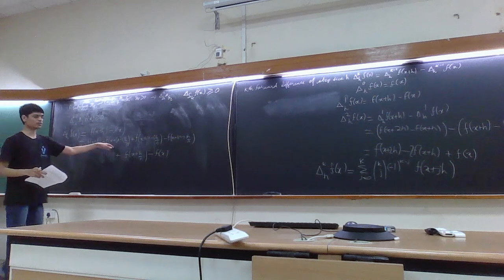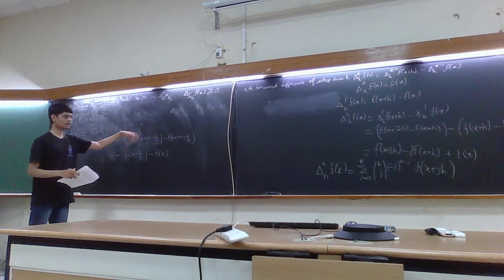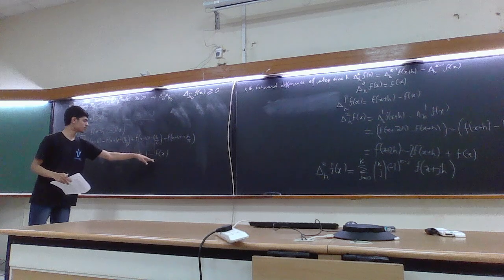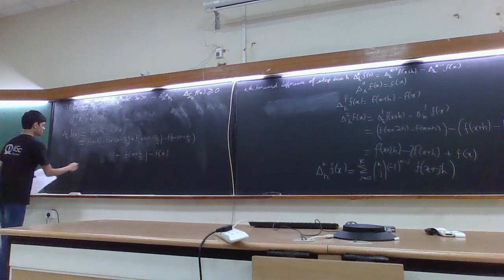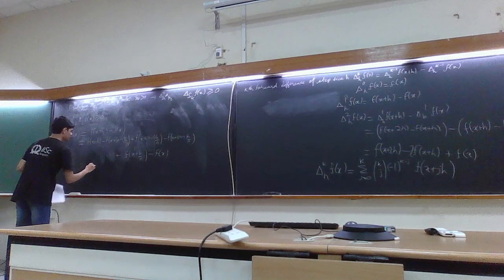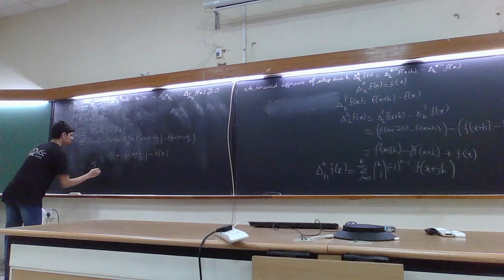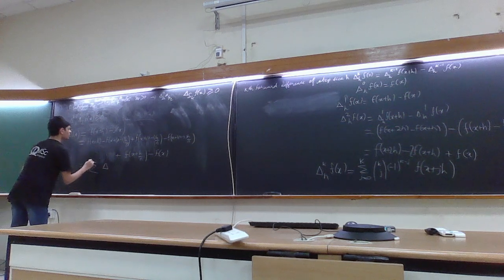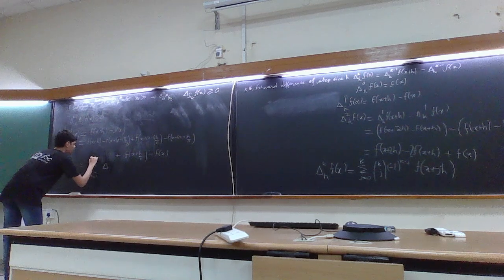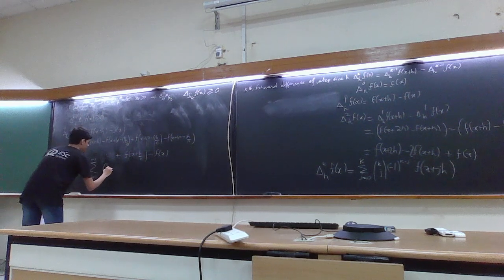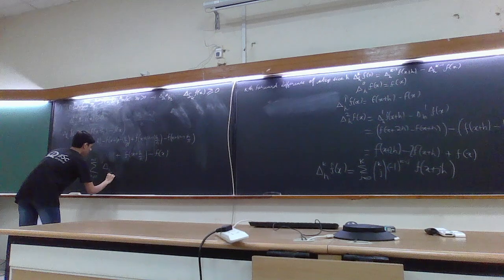So this telescopes, this cancels all the way through, and only this is left. So this thing is equal to this, and we can write this more neatly as a sum over k equal to 0 to n minus 1 of delta h upon n.